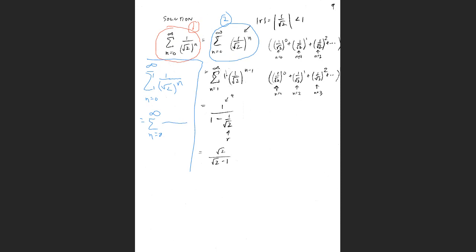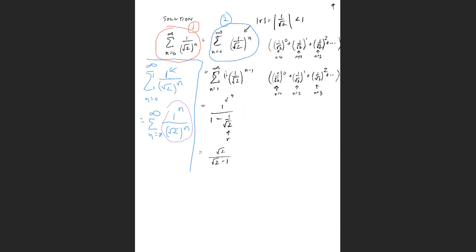Now, if I wanted to write the 1 here on top, could I write that 1 as 1 to the nth power? I mean, is 1 equal to 1 to the nth power? Yeah. Okay, well, so what is then 1 to the n divided by root 2 to the n?